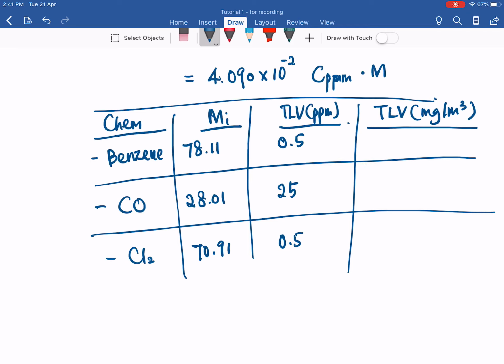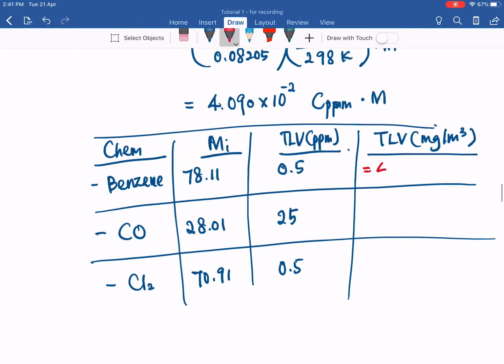All you have to do is put the values in here: 4.09 times 10 to the power of negative 2 times 0.5 times 78.11, and you will get the answer. For this answer, we are getting 1.6 here, and if you do the calculations, you will get 29.6 here, and if you put it back into the same formula, you will get something like 1.45 here. There you go. Conversions done.